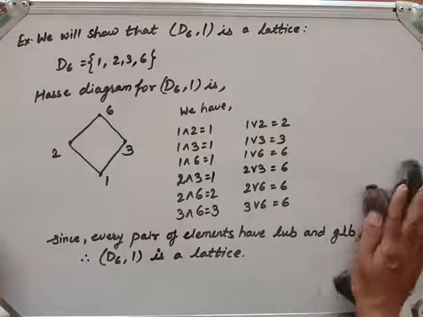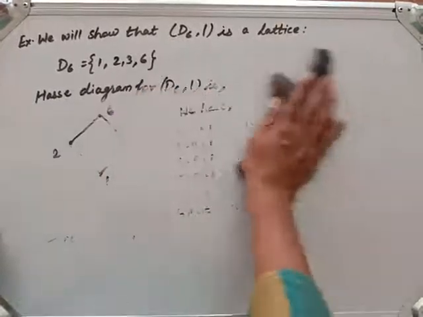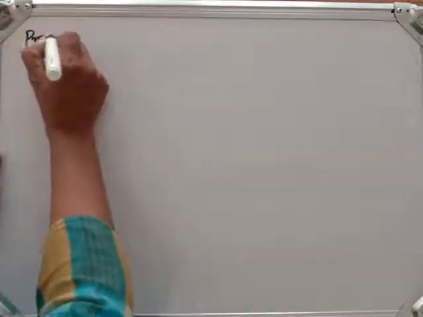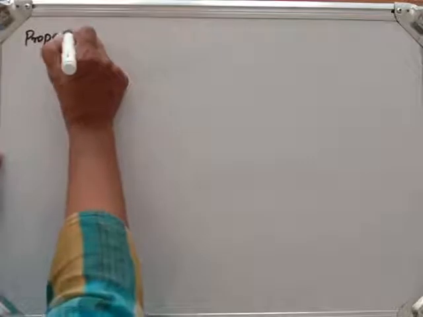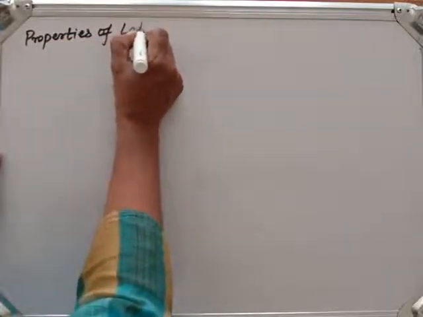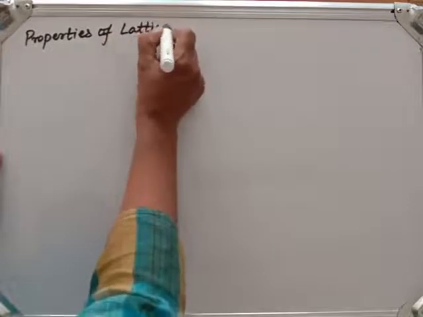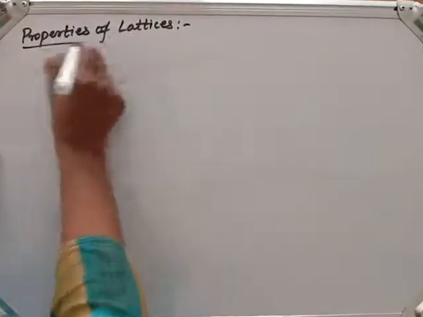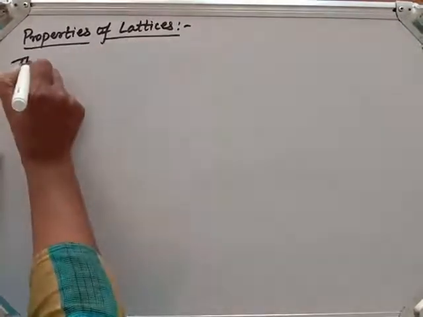Now let us see some properties of a lattice from the definition of join and meet. Properties of lattices. So let us see the first theorem in this.